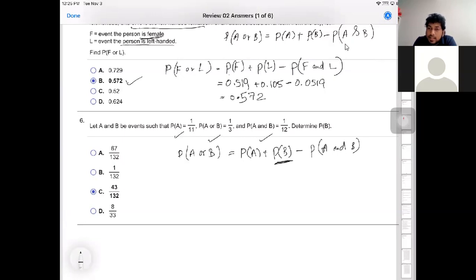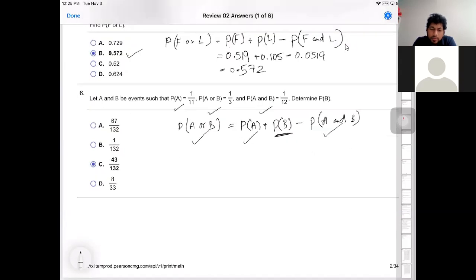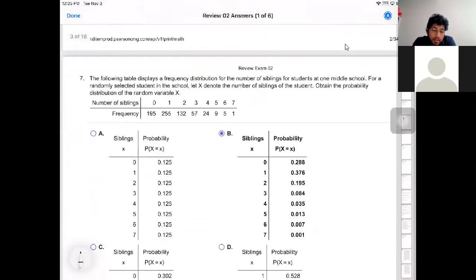Isolate this guy, because you know this value, this value, this value they have given. Just plug the values and find the probability of B. It should be 43 out of 132. You can use calculators, no problem.